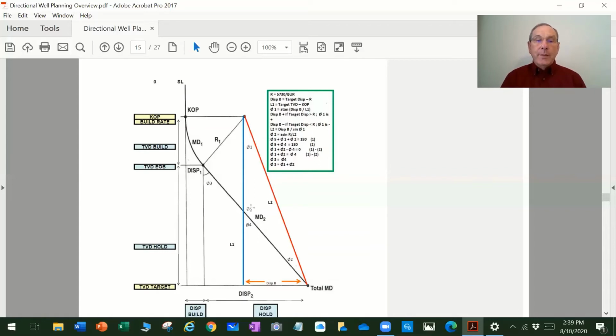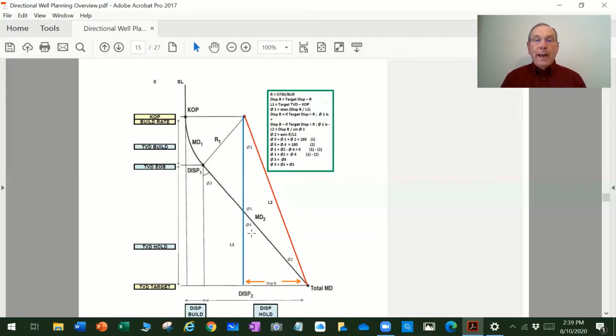In other words, these three angles must equal 180 degrees, so we know that to be a fact. We also know that angle number 5 plus angle number 4 is equal to 180 degrees. Therefore, we can see from this diagram that angle number 4 equals angle number 1 plus angle number 2.